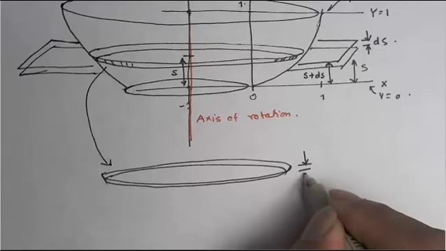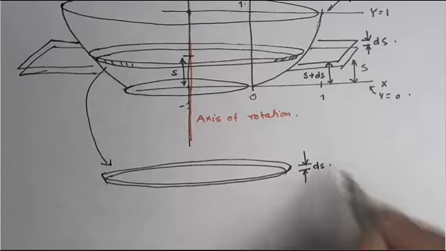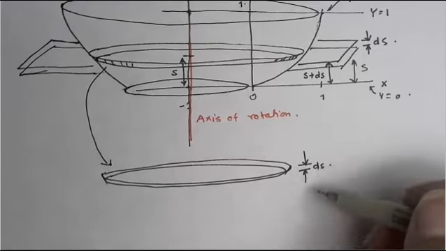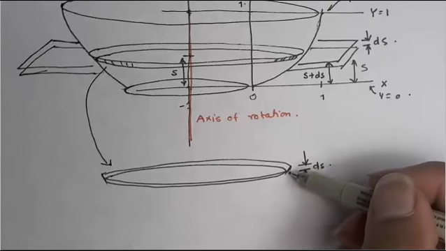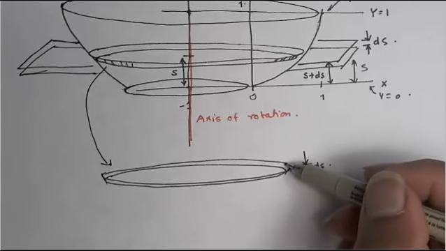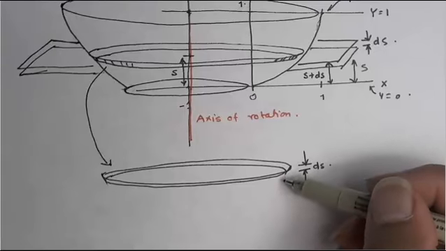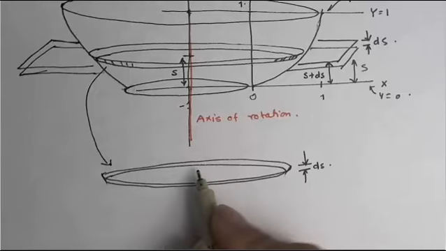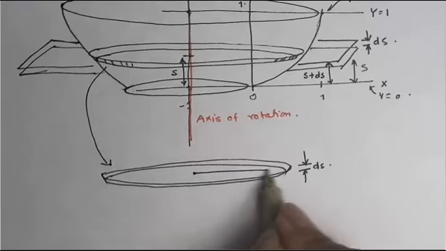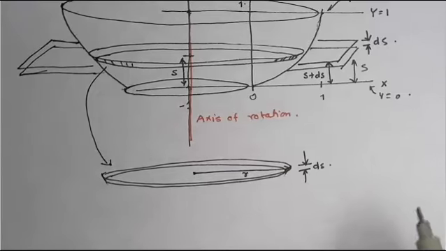That thickness is ds. And strictly speaking, ds is an infinitesimally small thickness. So when this thickness is infinitesimally small, the top circle and the bottom circle have pretty much the same radius. And let's call that radius r. So here's the radius r.